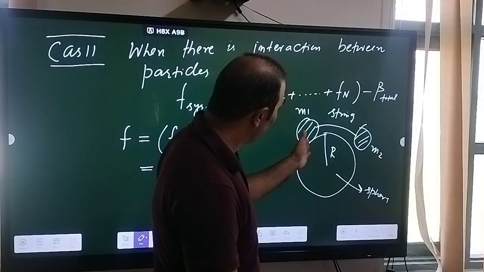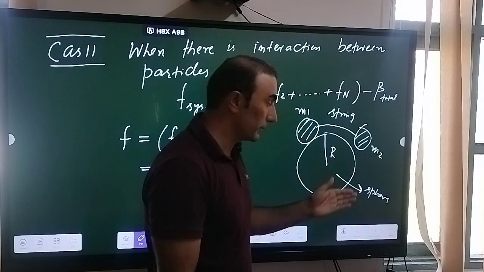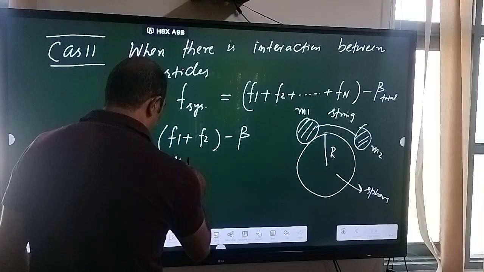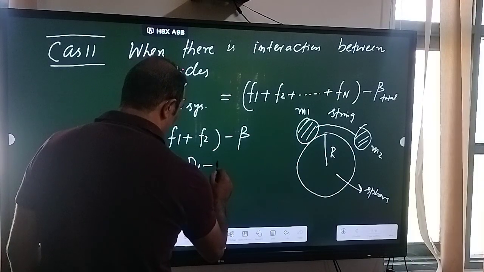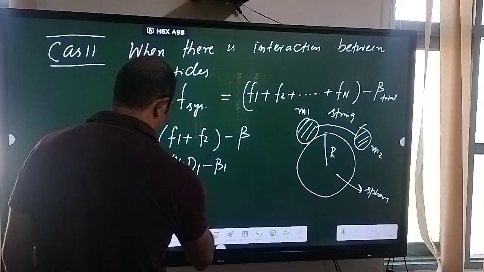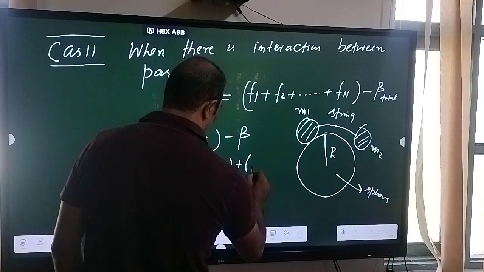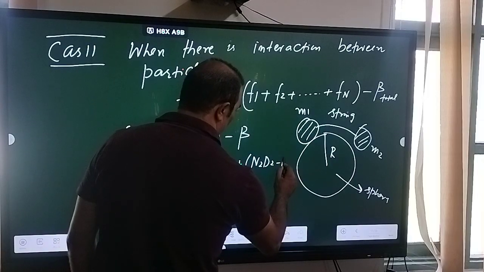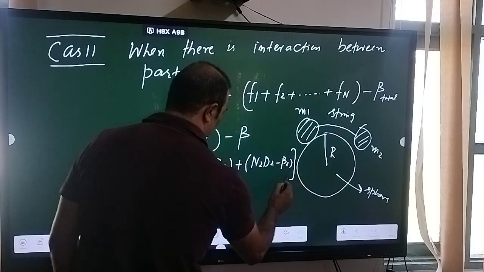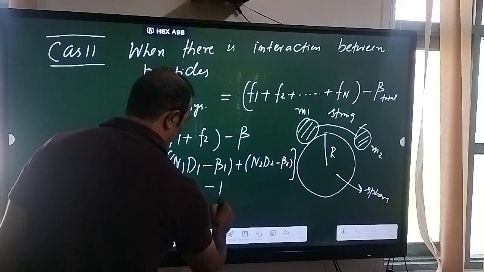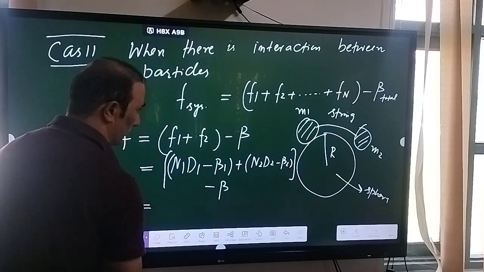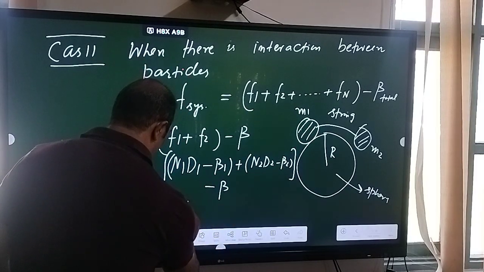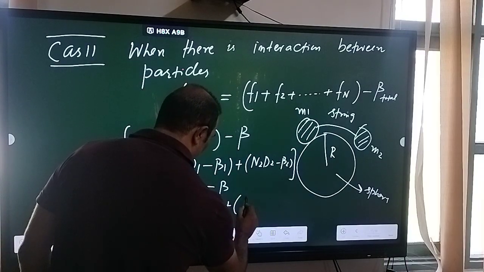So if I calculate f1 for this, so that will be equal to n1 d1 minus beta 1. So that will be equal to, because n1 हमारा it is 1 into 3 minus 1 plus 1 into 3.